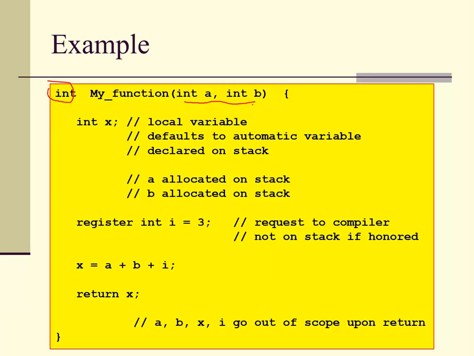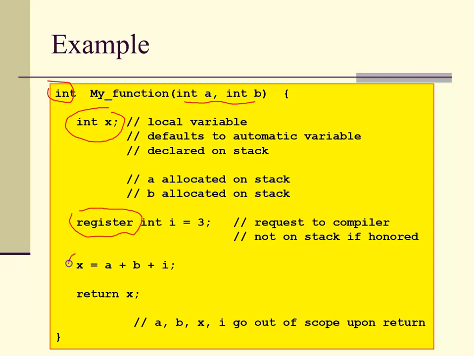This is what I'm sending to the function. So a and b, and this is a variable declared inside the function, they are all on the stack. Okay, and here's a register also, and it's a request to put that value inside a register, but no one knows if it really happens or not.